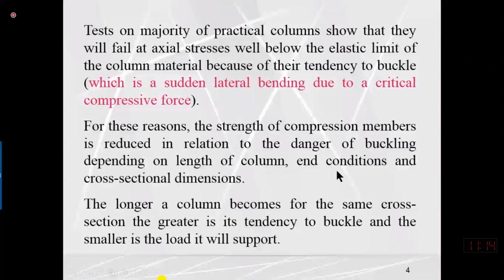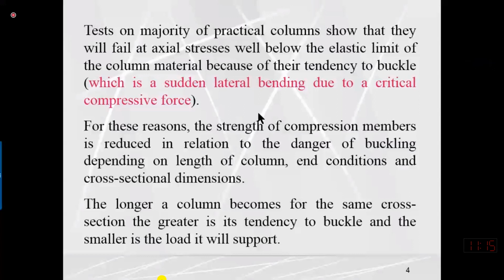So what I must say is that here we have concluded that the strength of a compression member does not depend upon area. Just like in a tension member, how to design, we determine the minimum area required to avoid the yielding failure or rupture failure.